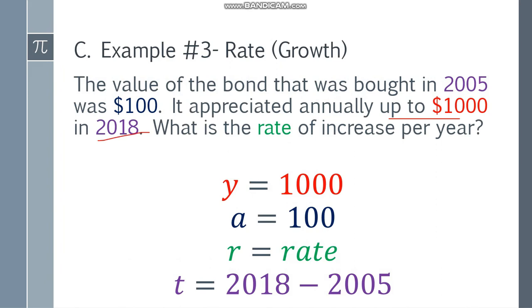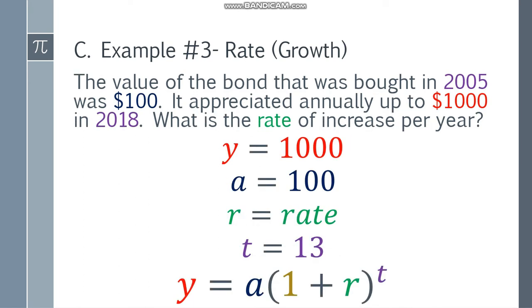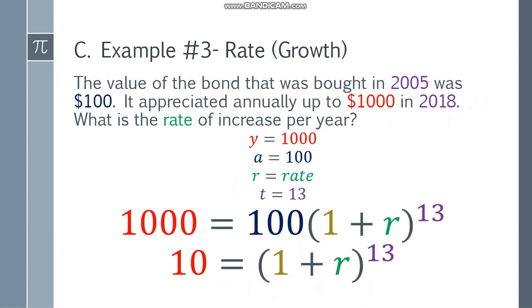A is 100, so initial amount. R is rate, yung hinahanap. T will be 2018 minus 2005, that will be 13 years, okay? Then give the formula and substitute the values. So, we have 1,000 is equal to 100 times the quantity 1 plus R to the 13th power.